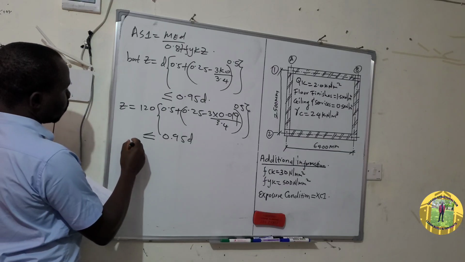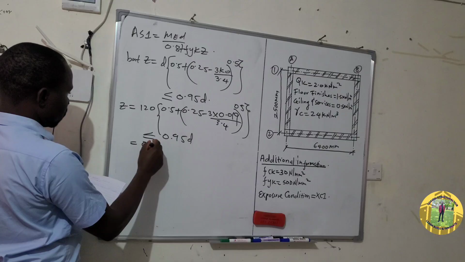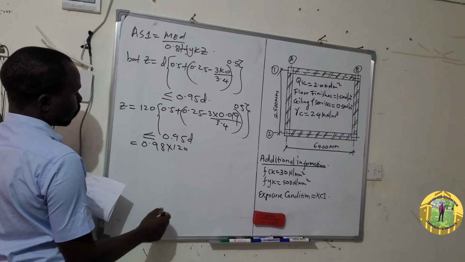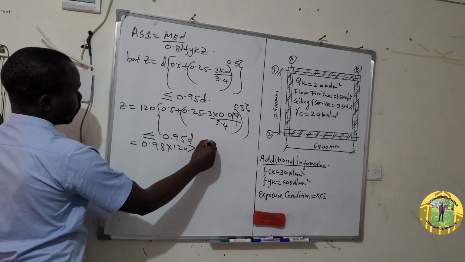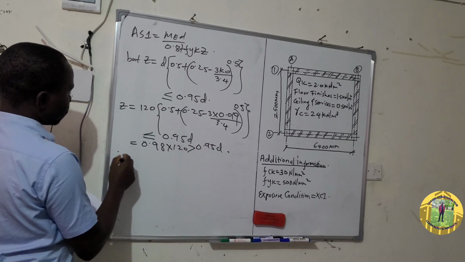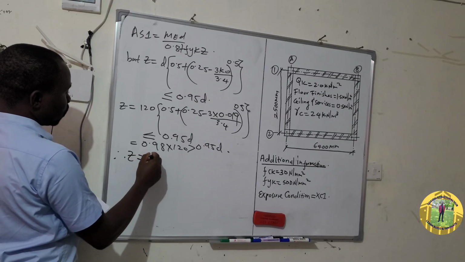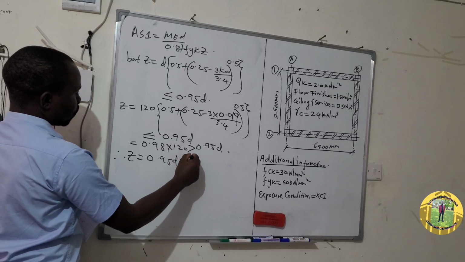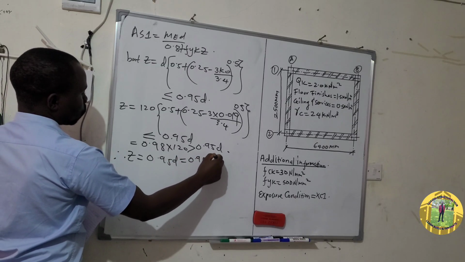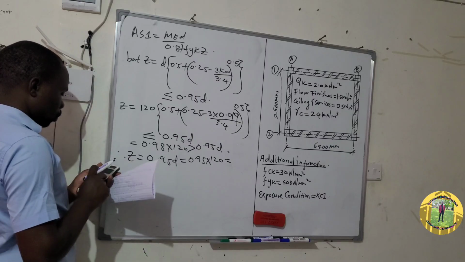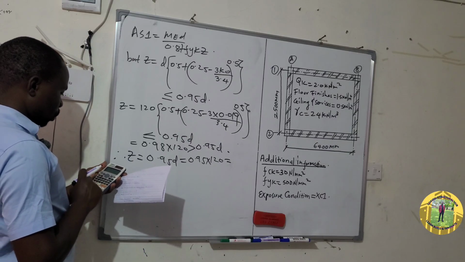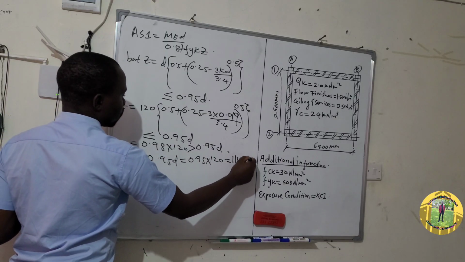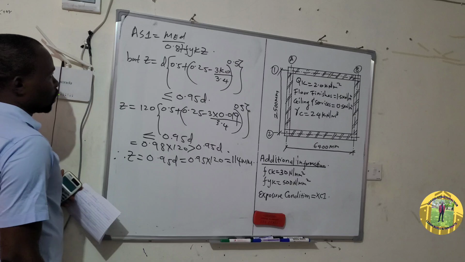So this is Z is equal to 0.98 times 120. So this one is greater than 0.95 D. Therefore, Z, we will adopt 0.95 D as our Z. So this one is equal to 0.95 times 120, which is equal to 114 millimeters. So this is Z.